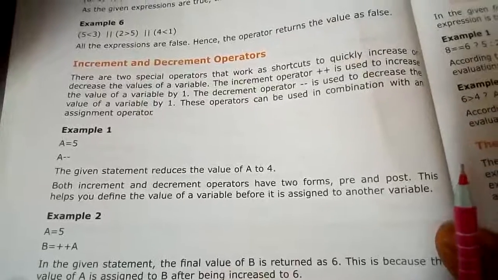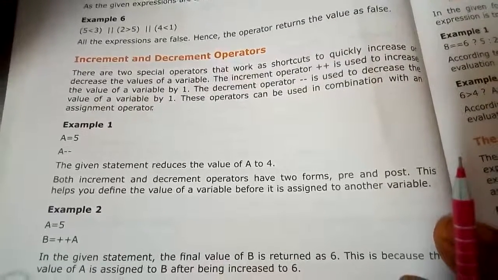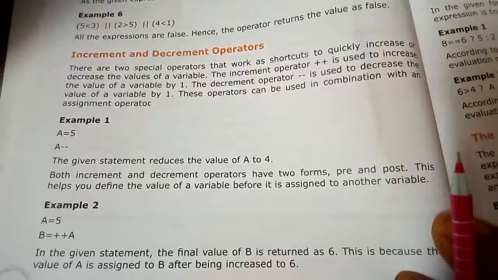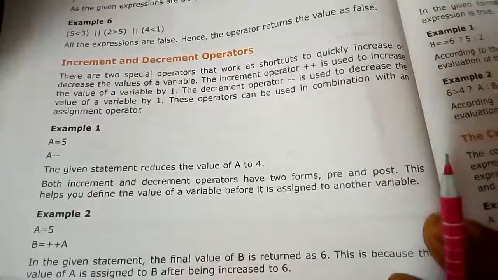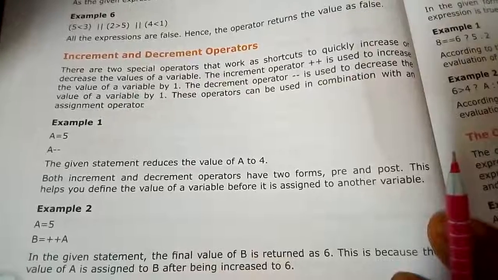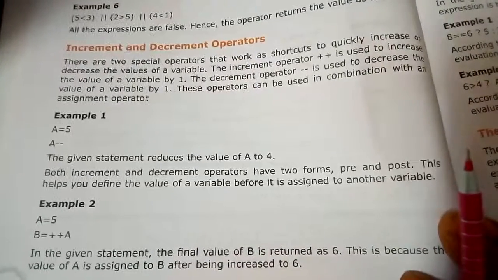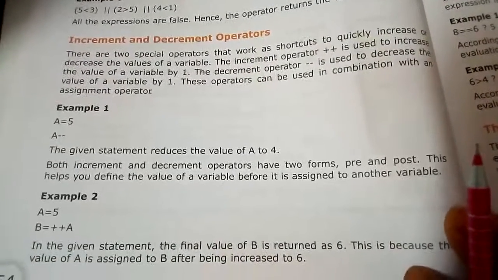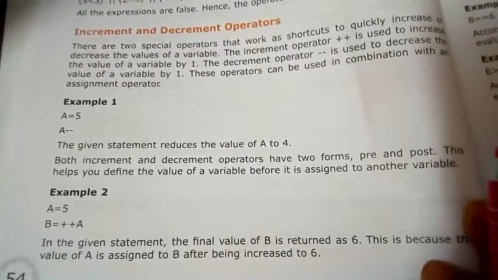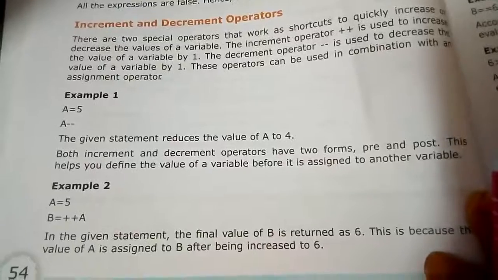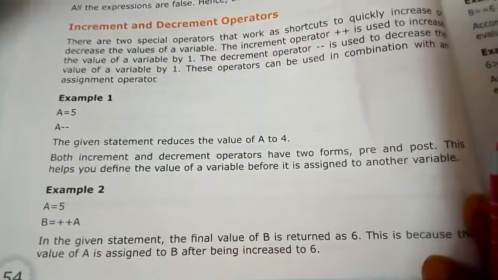When you are writing, suppose, integer num equal to 25, this equal to sign is an assignment operator. That means you are storing 25 in variable num. Now you see the example here, a equal to 5, a minus minus. This one is the decrement operator.